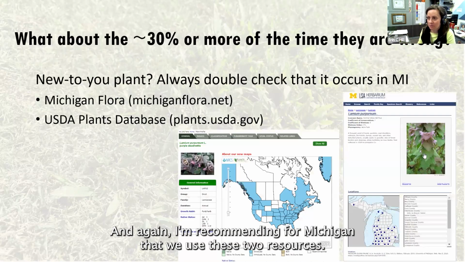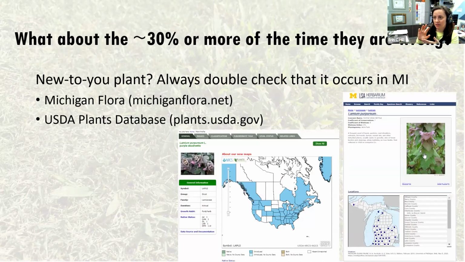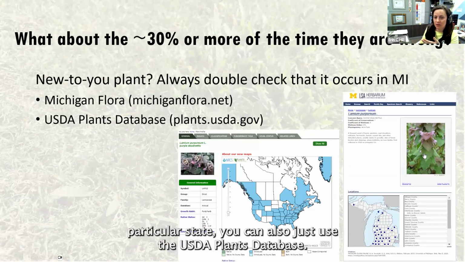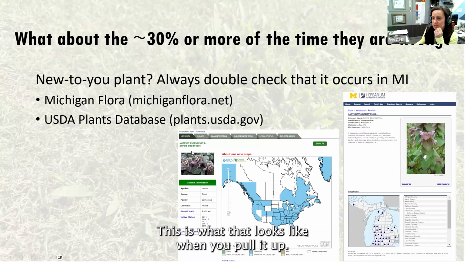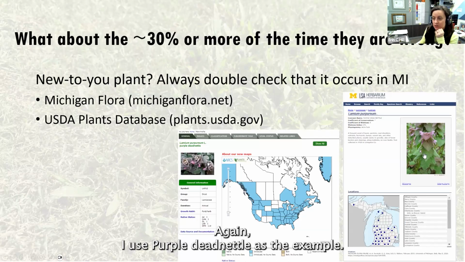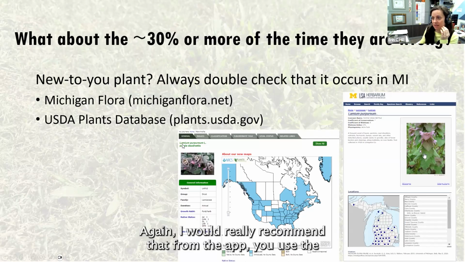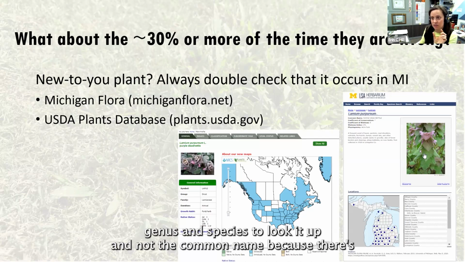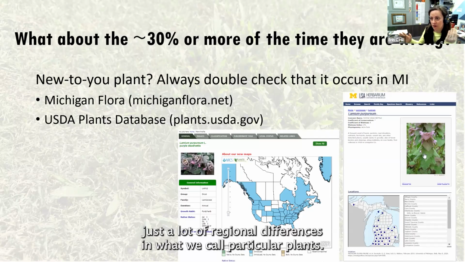And again, I'm recommending for Michigan that we use these two resources. If you don't have a resource for your particular state, you can also just use the USDA plants database. This is what that looks like when you pull it up. Again, I used purple dead nettle as the example. I would really recommend that from the app, you use the genus and species to look it up and not the common name, because there are a lot of regional differences in what we call particular plants.